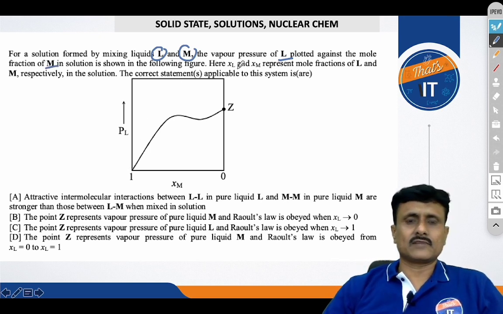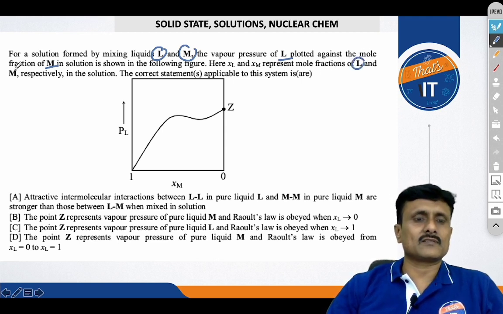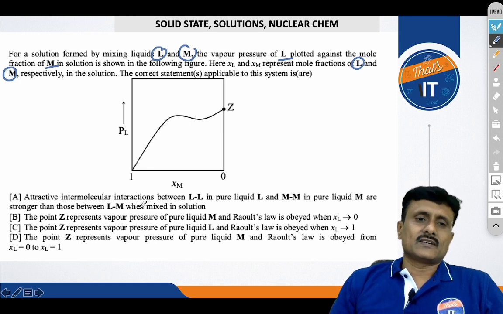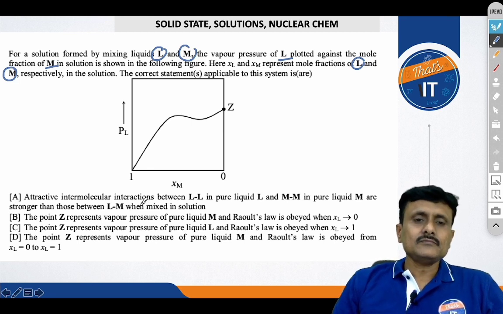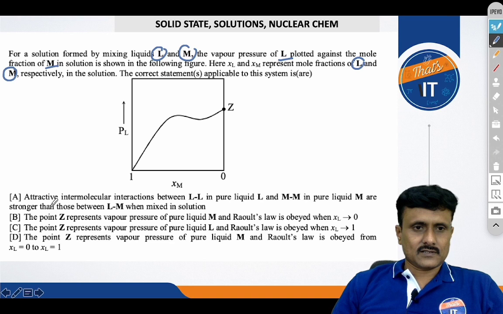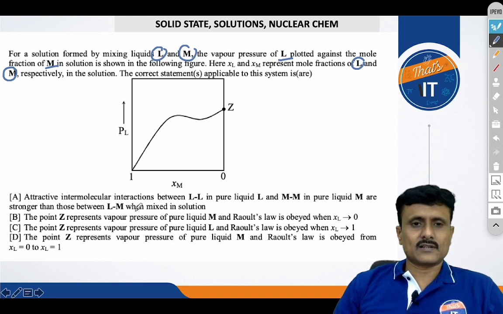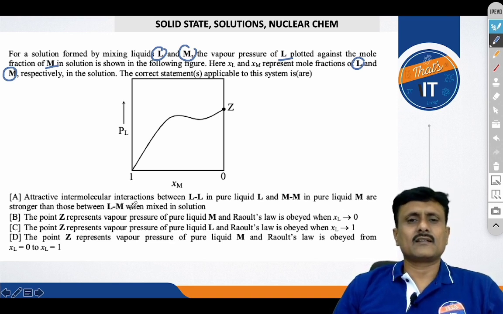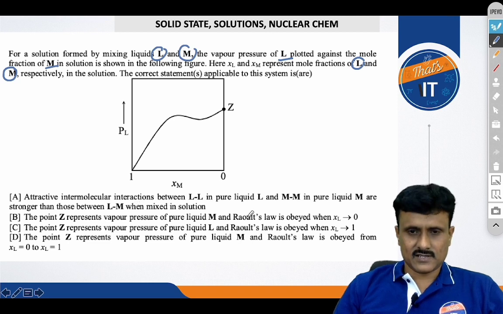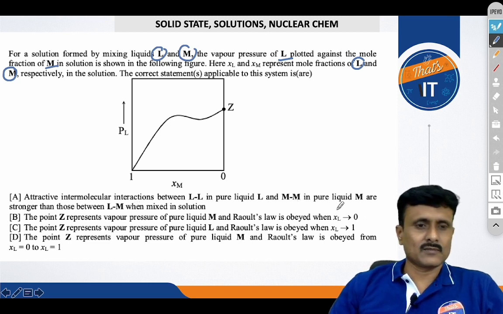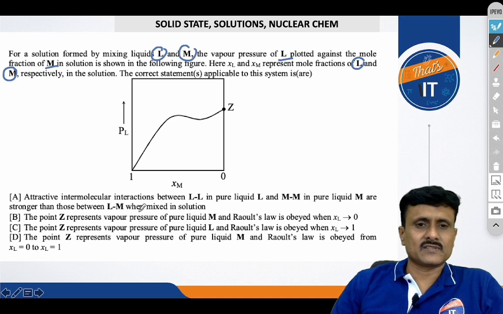You know x1 and x2 are representing the mole fraction of L and M respectively. The correct statements are, you can see the first sentence: the attractive intermolecular interactions between LL in pure liquid L and MM in pure liquid M are stronger than those between LM interactions.